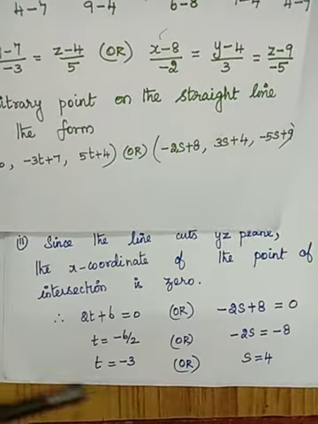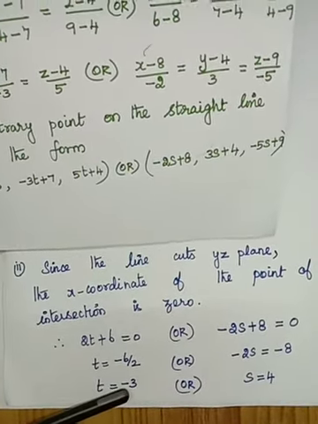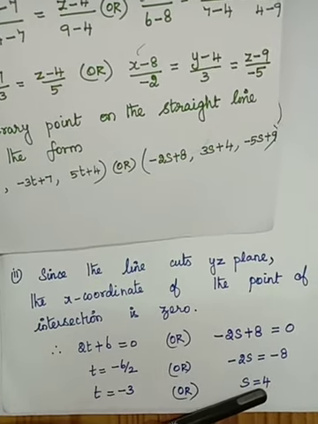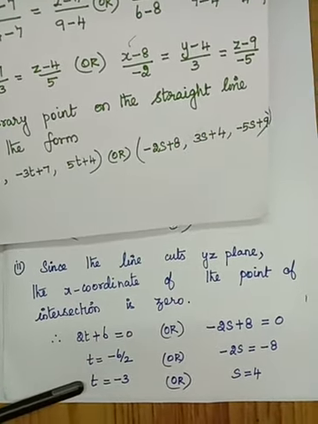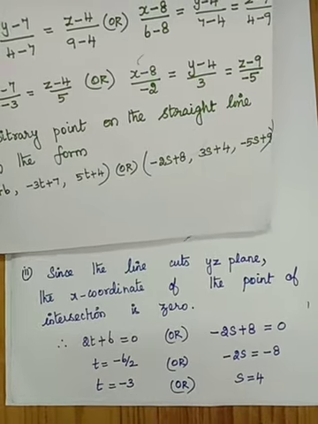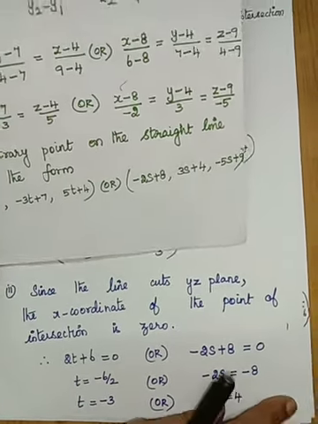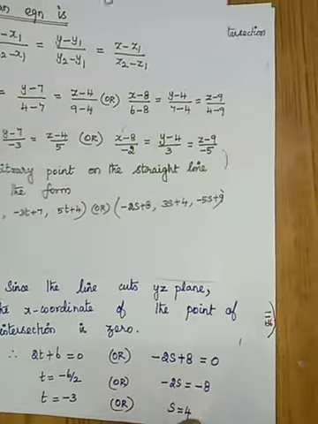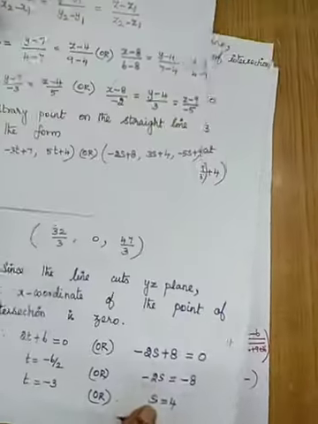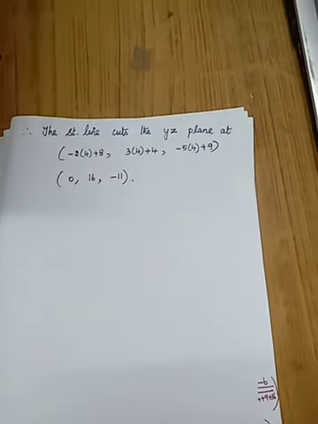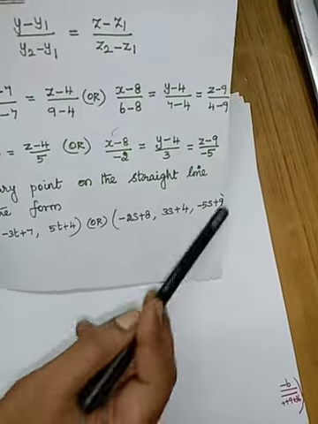When you equate to 0, your t value is minus 3 and s is equal to 4. Either you can take t or s and substitute in the corresponding points. Here in this second subdivision, I have taken s is equal to 4, and it has to be substituted in this point.